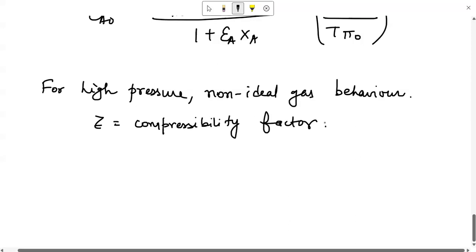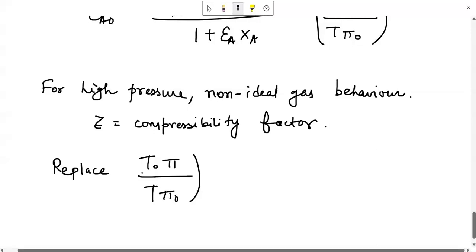So now in the equations we will simply replace T0 pi by T pi naught by Z0 T0 pi by ZT pi.